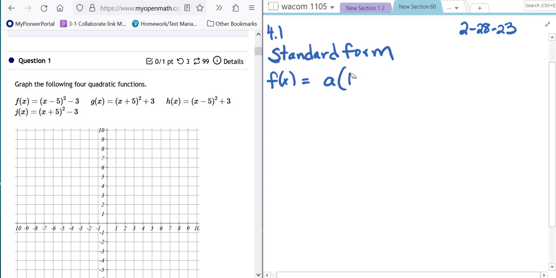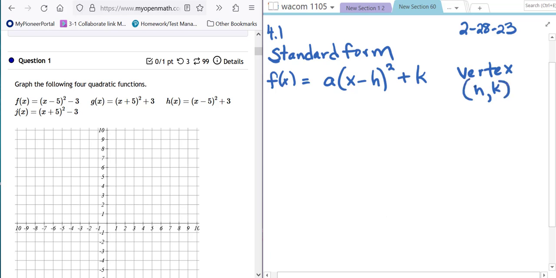Sorry, that should be an x. So a times (x minus h) squared plus k. This is a minus and this is a plus. You can pick your vertex off if you are in this form. The vertex is (h, k).